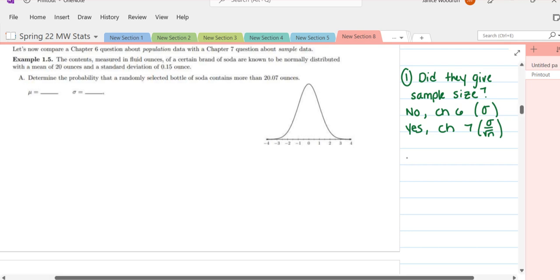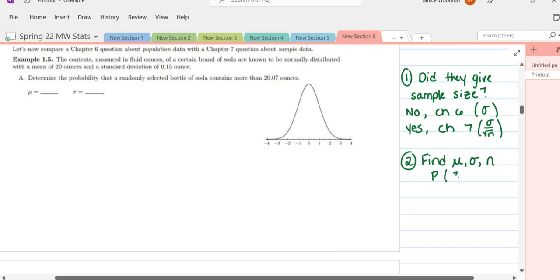Okay, then step 2, we will determine all of your values here. So find mean, standard deviation, sample size if you need to, and probability.